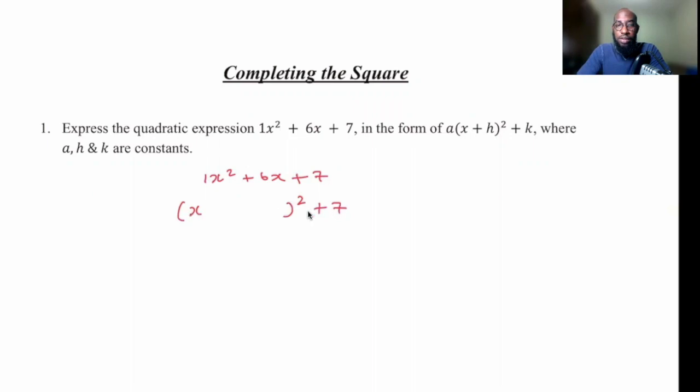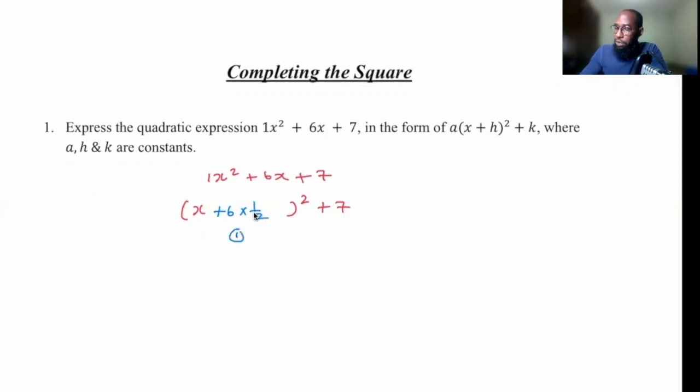Now, once this is done, we are applying 3 steps. Step 1 states: multiply the number in front of x by a half. So the coefficient of x, or simply the number in front of x, multiply by a half. The number in front of x is plus 6, we multiply that by a half.